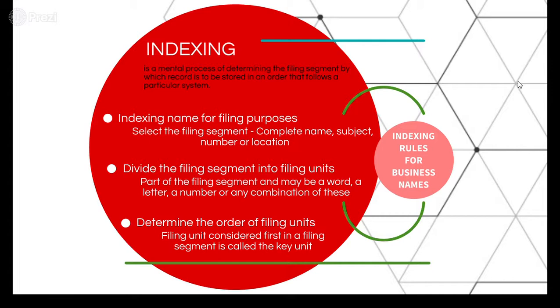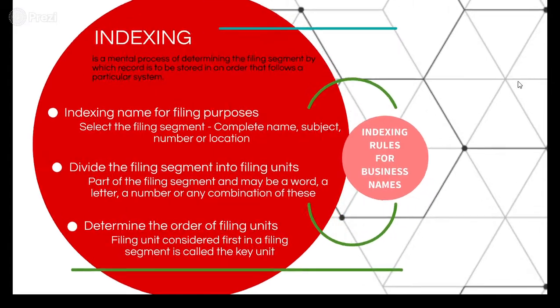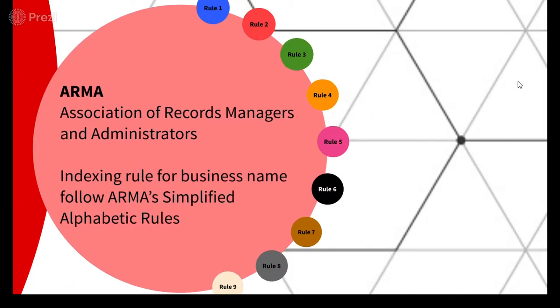Indexing rules for business names: we have 9 rules, from ARMA, the Association of Records Managers and Administrators. Indexing rules for business names follow ARMA's simplified alphabetic rules.